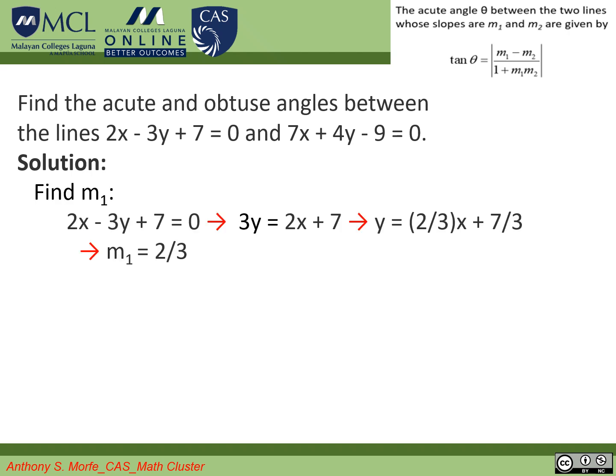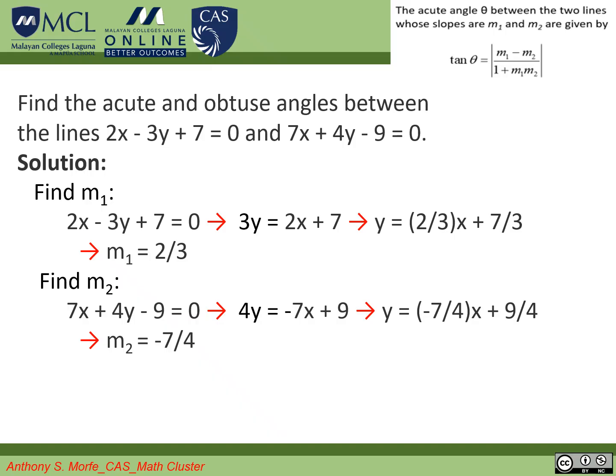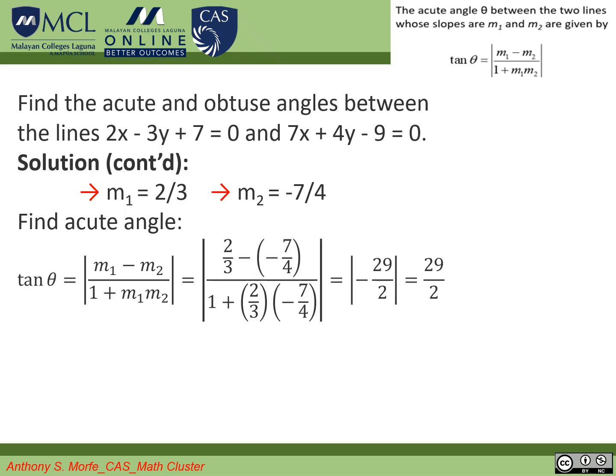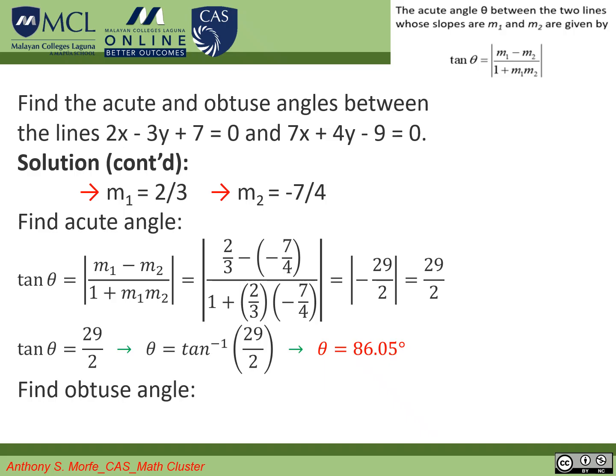So find m1, this is what we did. We got 2/3. Then find m2, we got this one. After that, we substitute to the formula. So find the acute angle. Because we take the absolute value, we get the positive one, and we take the inverse tangent on both sides, we get this 86.05.